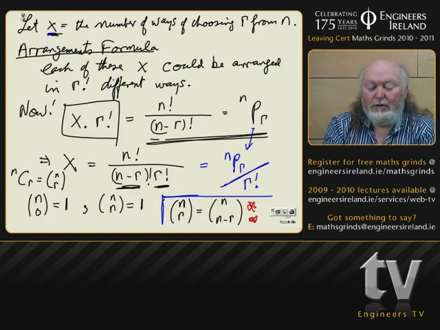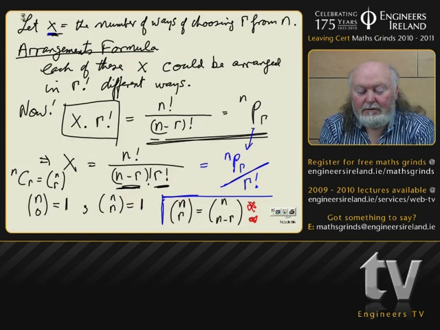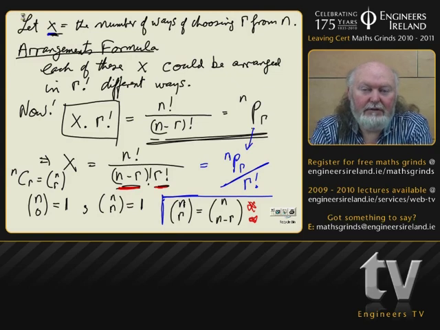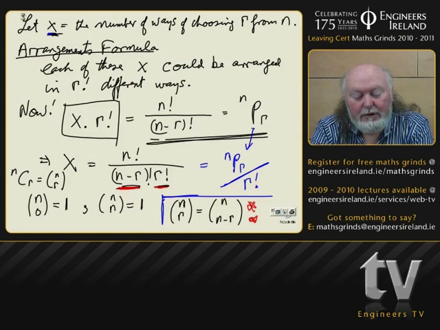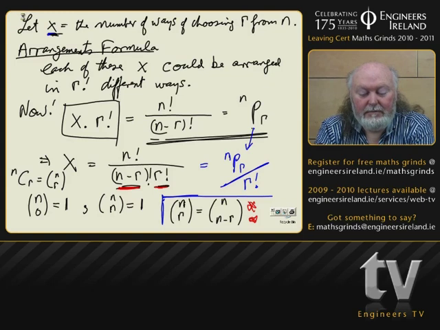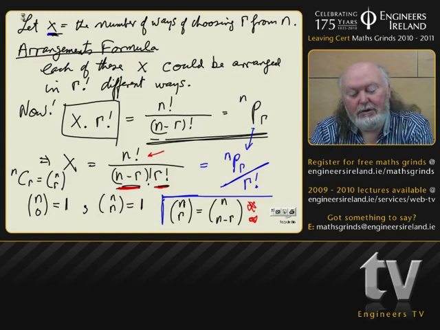And the secret to it is that and that. One could be in the front and one could be at the back. We're saying if I choose r items, I want to have n minus r left over. And what we have here is we have factorial n on top divided by the factorial of the remainder by the factorial of the amount chosen.